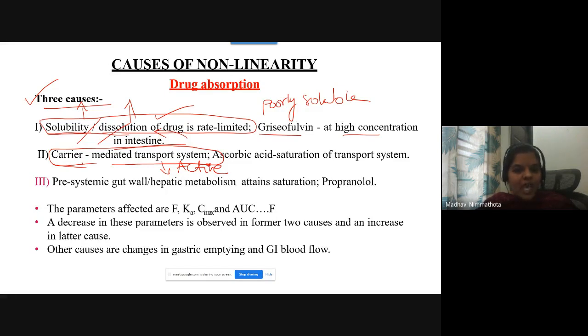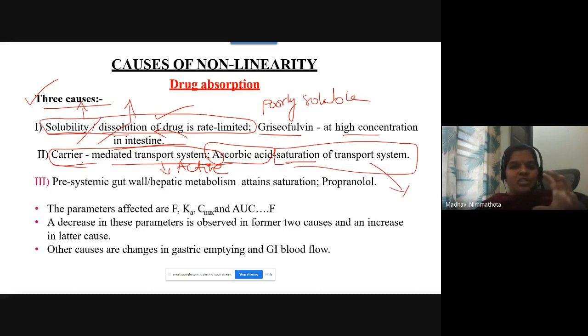So in this carrier mediated transport system, a few drugs like ascorbic acid saturate the particular carrier that you are going to use for its transport. In those cases, saturation of the transport system occurs. This is the deviation from linearity, and then it is showing non-linearity.